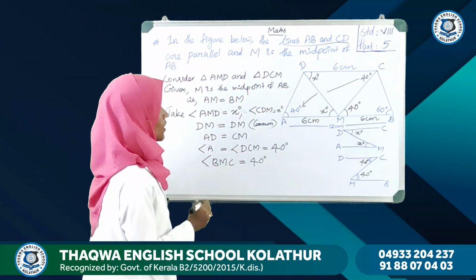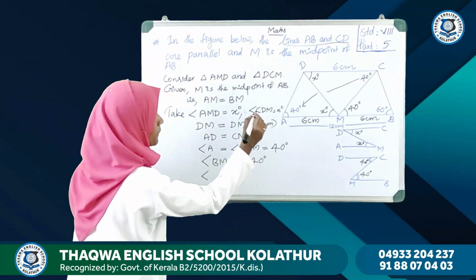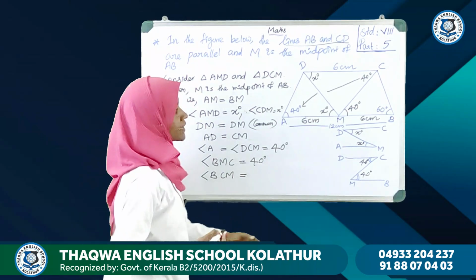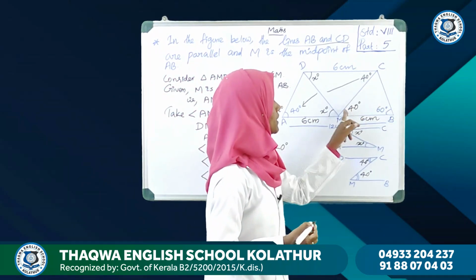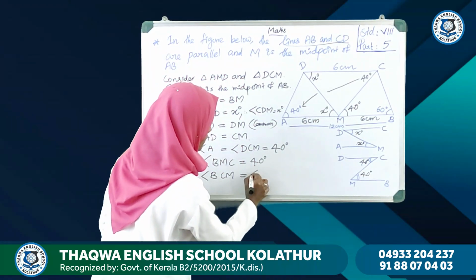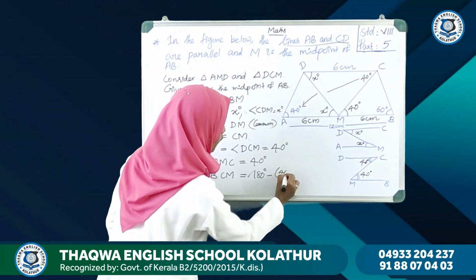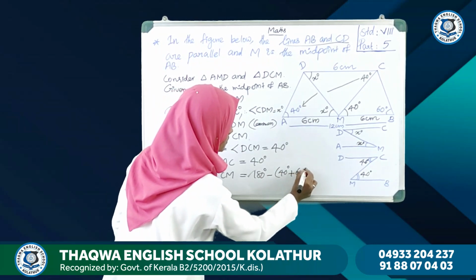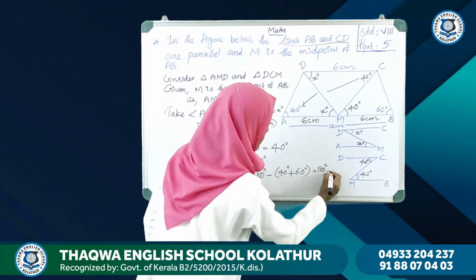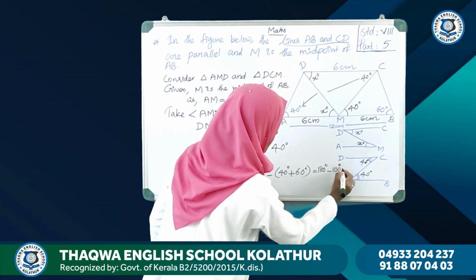Now we have to find out angle BCM. How? Yes, this is 180 minus 40 plus 60, that is 180 minus 100.